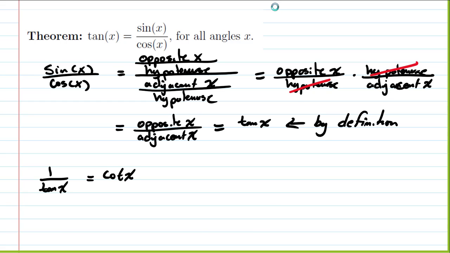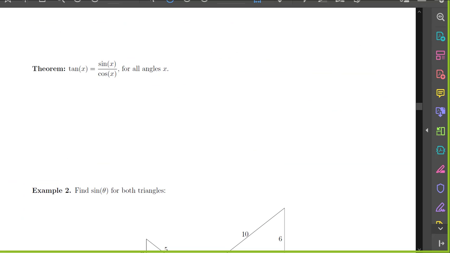Well, that's the reciprocal of tangent, so that would imply that the cotangent of x is equal to the reciprocal of sine over cosine, so cosine x over sine x. So we have those following relationships for tangent and cotangent. Tangent is sine over cosine, and cotangent is cosine over sine.